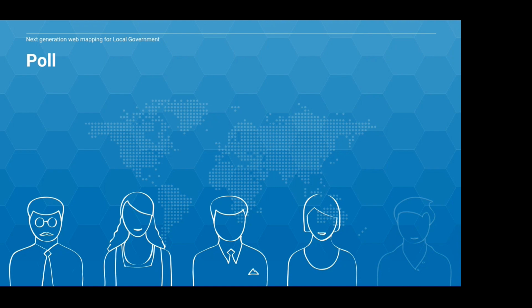Thank you, and I'll close that one. And the second one, if I launch, how does your organisation deploy web mapping? For those of you who do have it, is it internally or externally, or both internally and externally? Again, if you could check the appropriate box, we'd be grateful, and I'll give you a few seconds to complete that and submit.